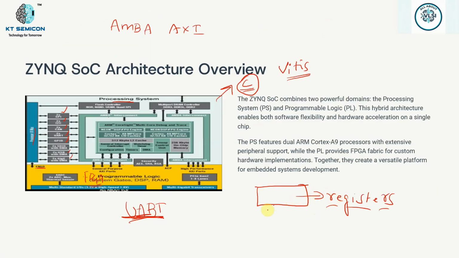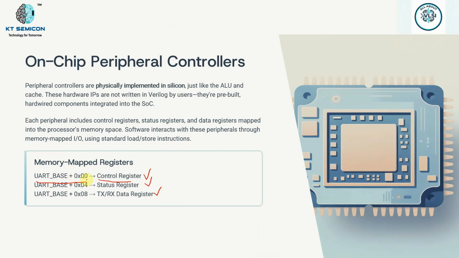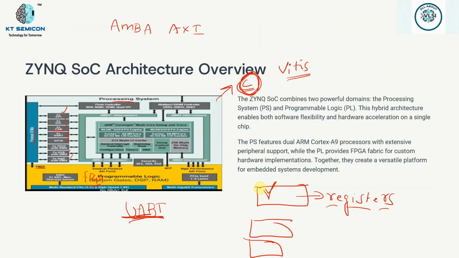Let's say this IP has three registers like this. To communicate with a register present in this IP, at the software level you need to provide that address so that you can establish the connection from the processor side to the IP which you want to use, not from the FPGA side.